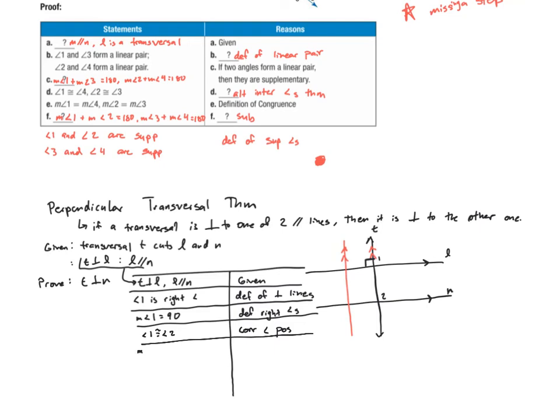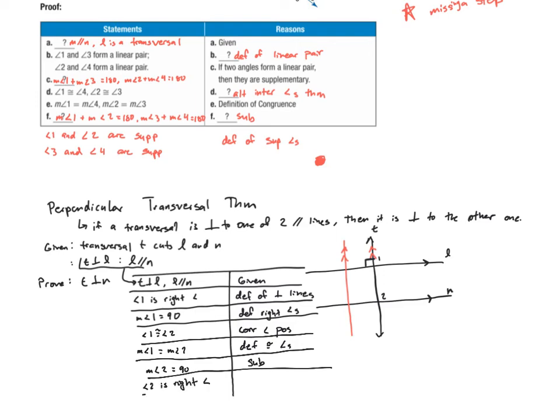To do that, I have the measure of angle 1 is equal to the measure of angle 2 by the definition of congruent angles. Now it's just substitution, so I have the measure of angle 2 is equal to 90. Now, since the measure of angle 2 is 90, I can say that angle 2 is right.